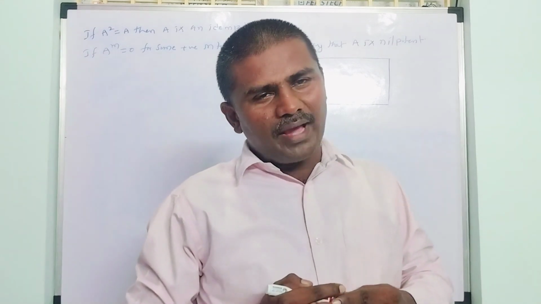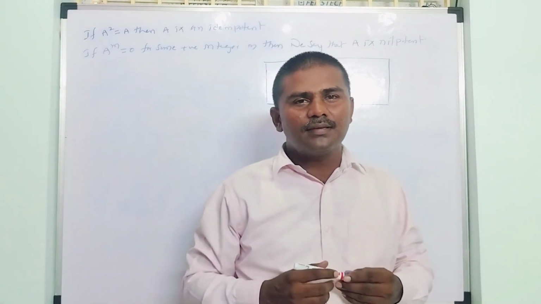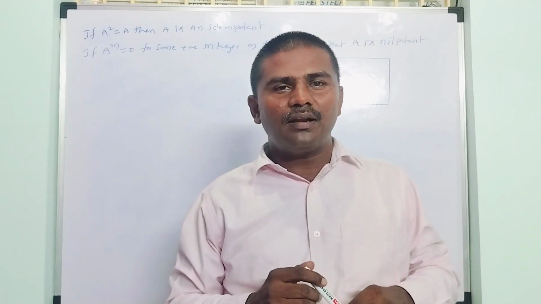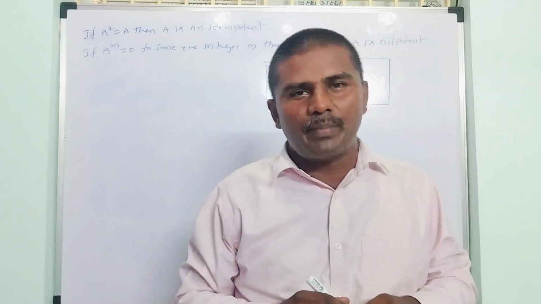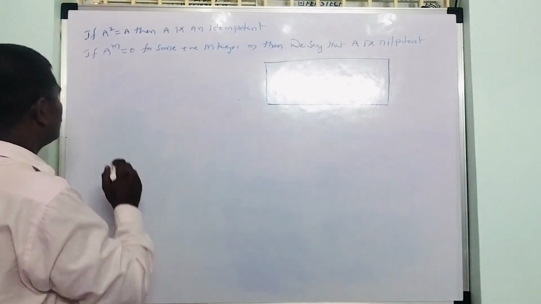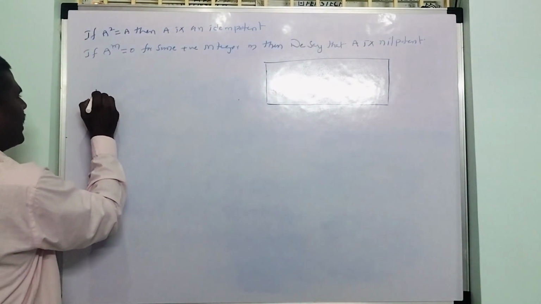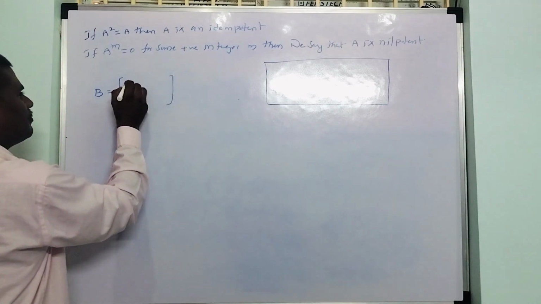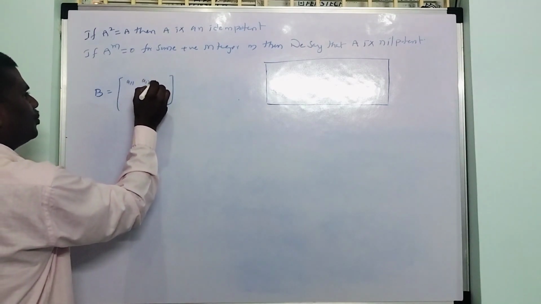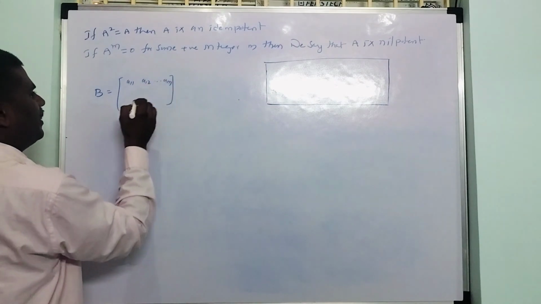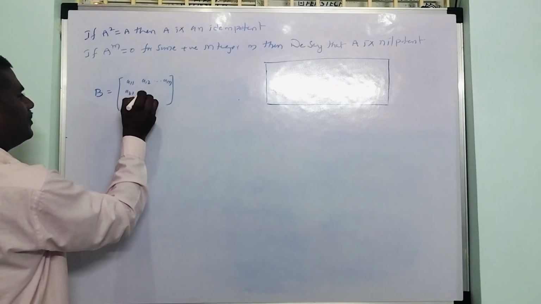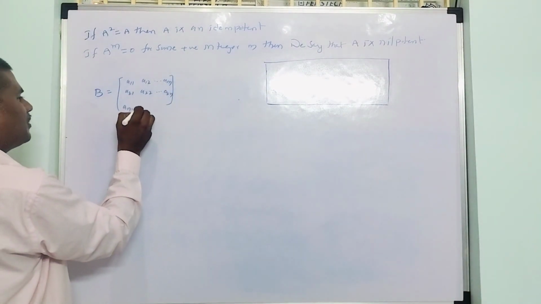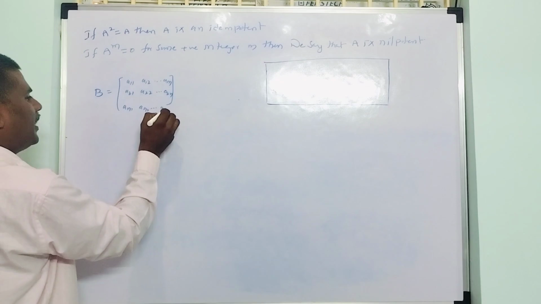Let us learn minors and cofactors of a square matrix. A minor can be calculated for an element of a square matrix. Suppose you have a matrix B with entries A11, A12 up to A1n, A21, A22, so on, A2n, An1, An2, so on, Ann.